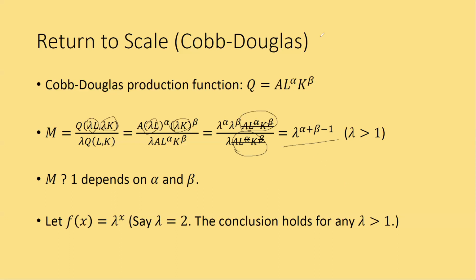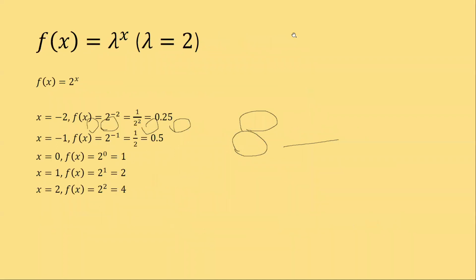So in the next slide, I'm going to draw this f(x) function. We are picking a value of lambda to be 2, so we are looking at what happens if we double our inputs, all right? But the conclusions are going to hold for any lambda that is larger than 1.